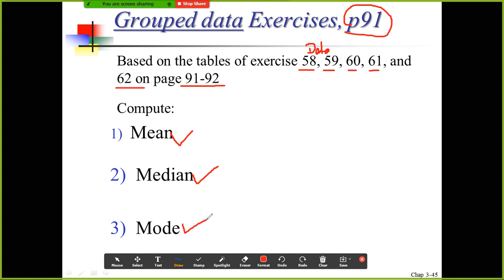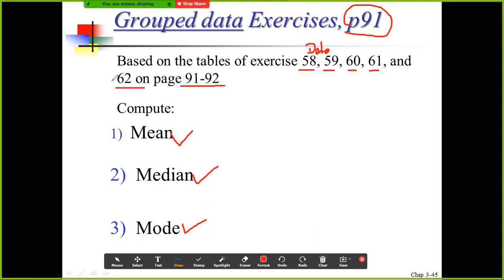Okay, listen. Even though I am saying it clearly like this, I expect some of you will still do wrong what I require you to do, because some of you may be careless and don't do the same thing as the textbook says. Don't answer the questions asked in exercises 58, 59, 60, 61, 62.